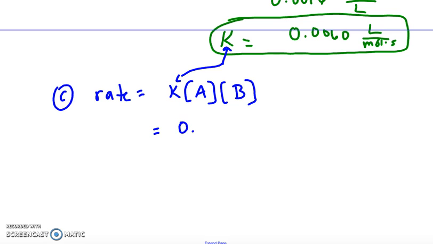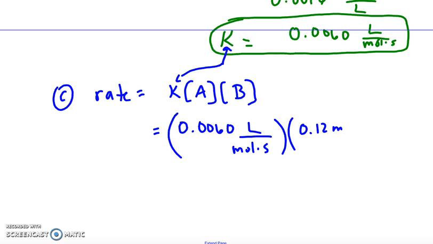So here's how we can figure out this new rate with these new concentrations. So we're going to have 0.0060. The unit is liters over moles times seconds. That's just the rate law constant. Here, our initial concentration of A is 0.12 moles per liter, and the initial concentration of B was 0.015 moles per liter.